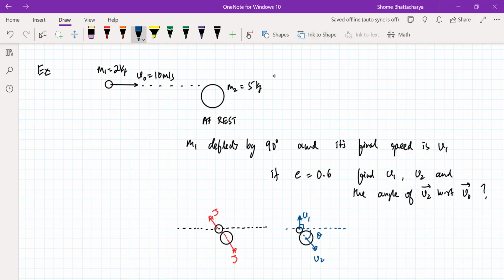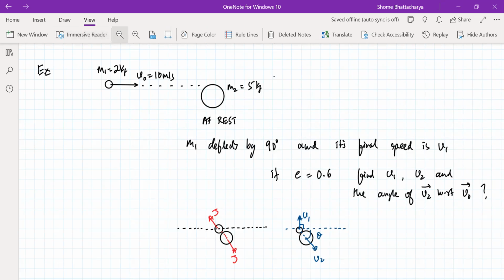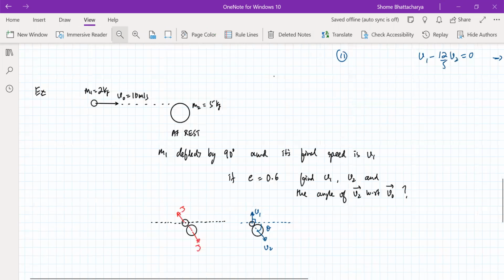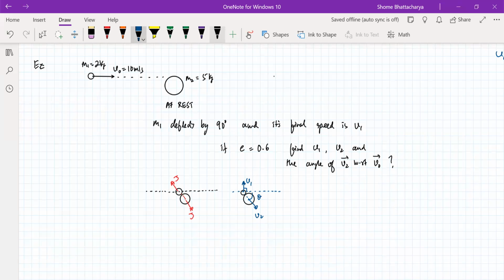Let's say this is theta. So once again, comparing the momentum conservation equation, okay, so we can see that M1 V0 is M1 V1 plus M2 V2. So this gives us two equations now.